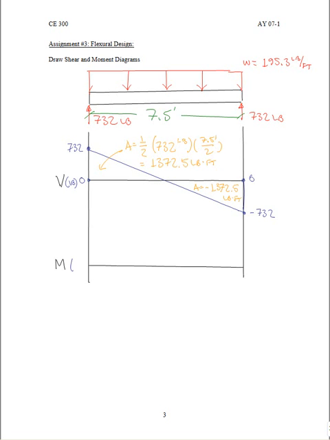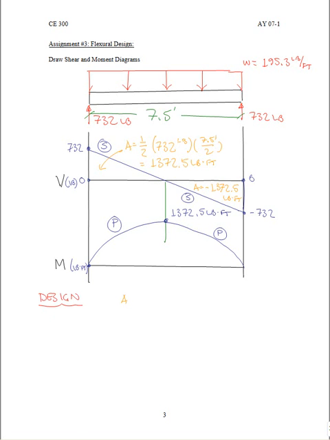Our moment diagram is going to be in units of pound-feet. We begin at 0, and we know that where the shear is 0 is going to be our maximum moment, and in this case our maximum moment is equal to 1,372.5 pound-feet. Since our shear diagram is linear, our moment diagram is going to be parabolic. And let's label these for completeness' sake. And we are then ready to move into our design.